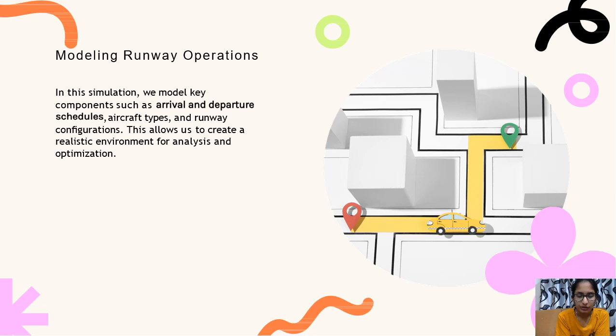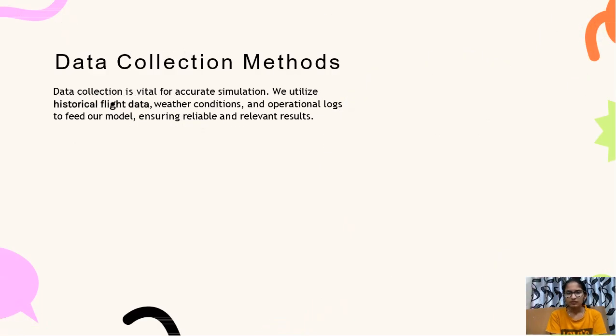Modeling runway operations: in this simulation, we model the key components such as arrival and departure schedule, aircraft types, and the runway configuration. This allows us to create a realistic environment for analyzing and optimizing. We usually utilize the historical flight data, weather conditions, and operational logs to feed our model to ensure reliable and relevant results.